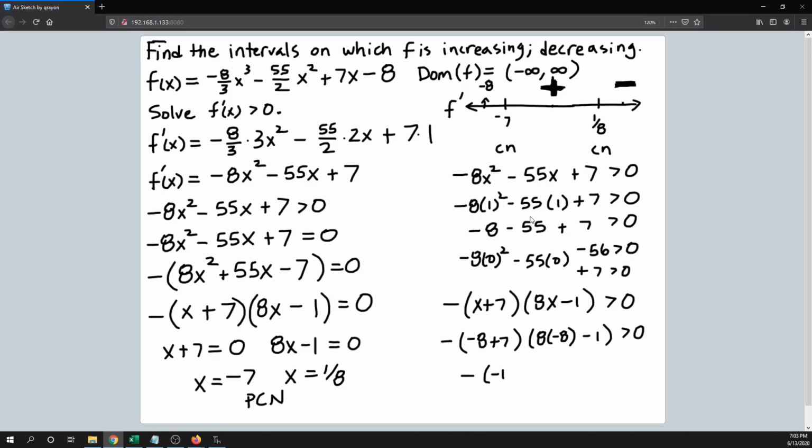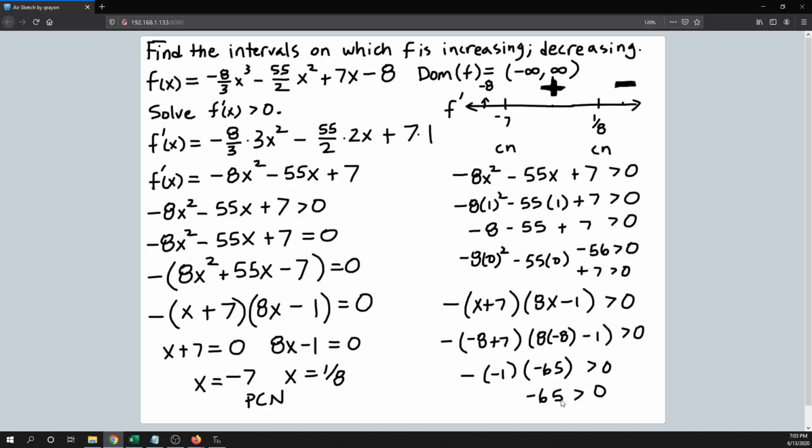All right, so here I get negative 8 plus 7, that's negative 1. 8 times negative 8 would be negative 64. Minus 1 would give me negative 65. Multiplying this all out, I get negative 65. Right, negative of negative 1 would be a positive 1, and a positive 1 times negative 65 is negative 65.